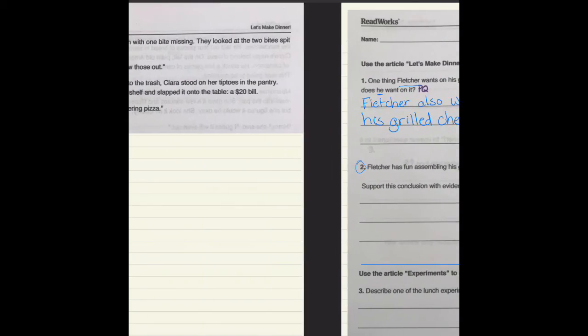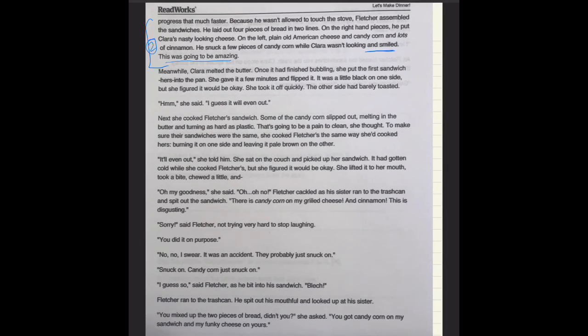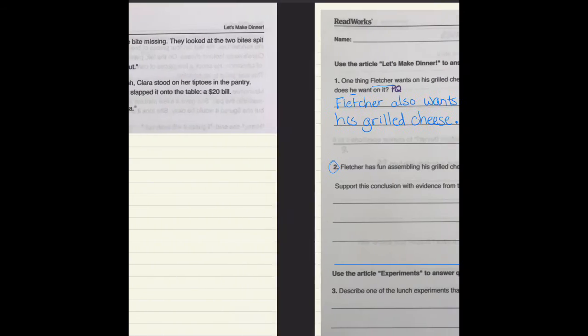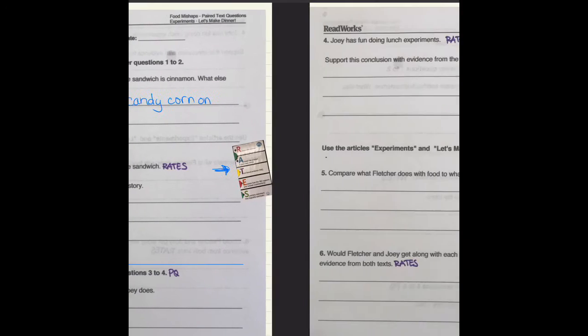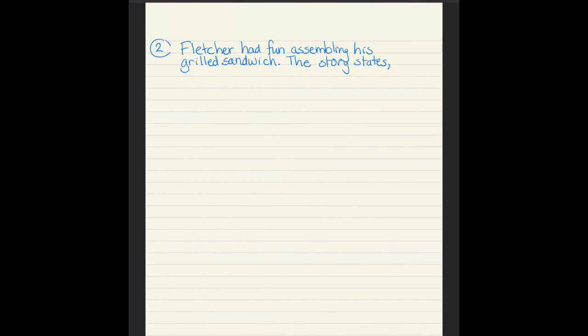So if I go back and look, he snuck a few pieces of candy corn while Clara wasn't looking and smiled. This was going to be amazing. So I'm going to add that sentence exactly like it looks onto my RATES response here. So the story states, and now I'm quoting, so I have to put quotation marks around it.